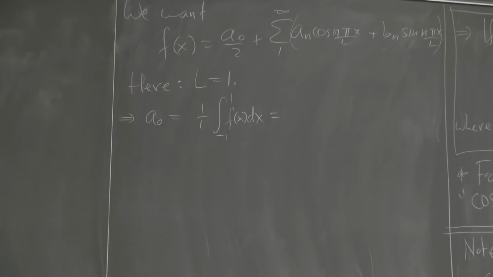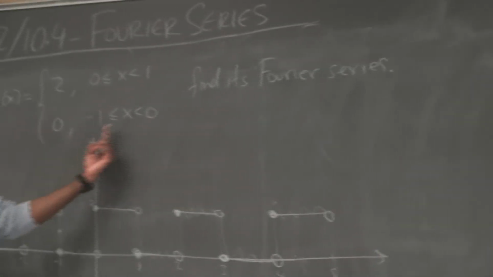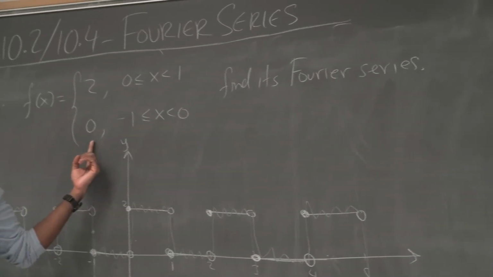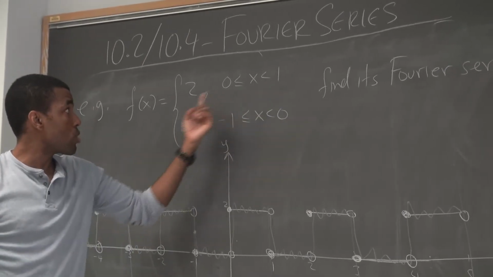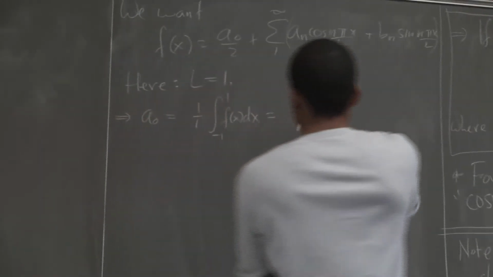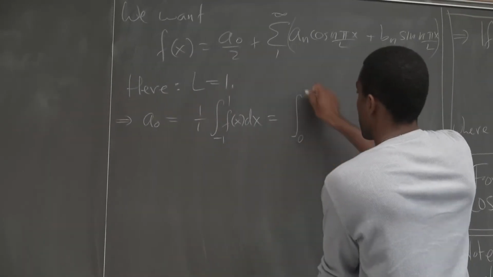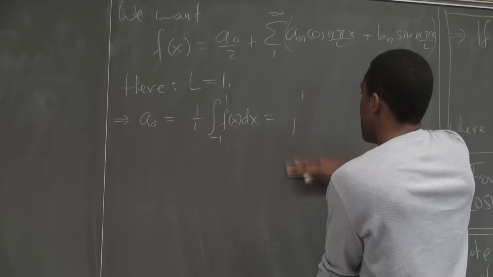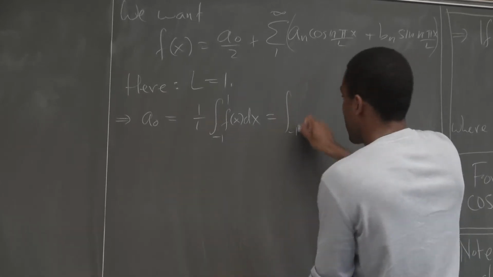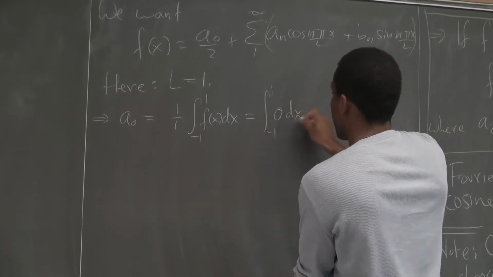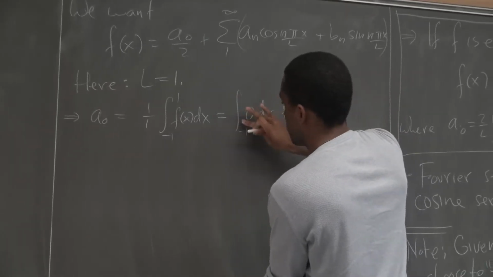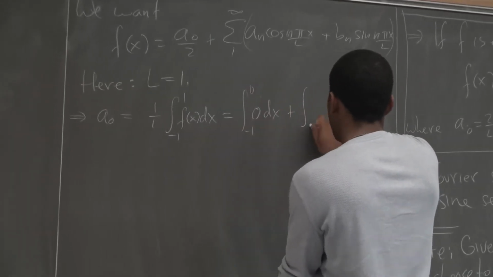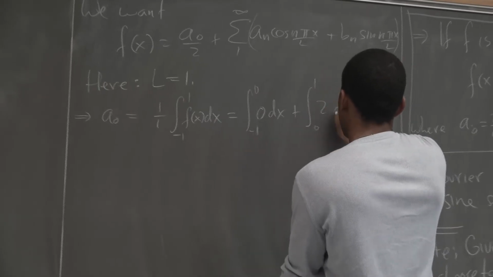But what is your f of x? From -1 to 0, it's nothing. So I can ignore that part of the integral, right? That's going to give me nothing. It's 0. From 0 to 1, it's actually the function 2. Technically, if you want to be technical, you'd do this plus from -1 to 0, then from 0 to 1, you would do the function 2.